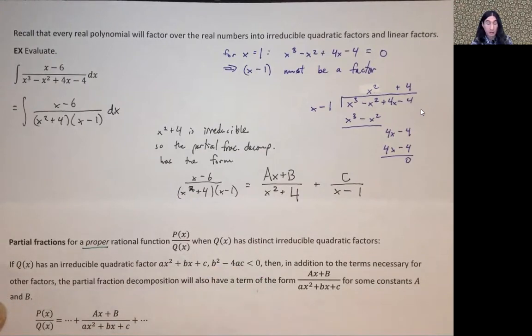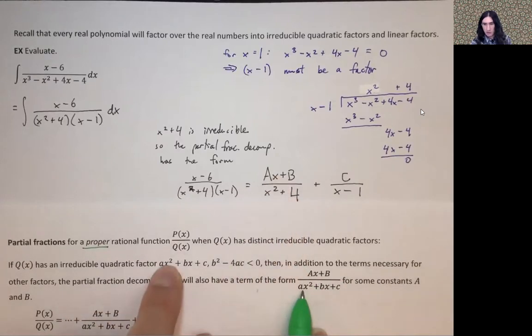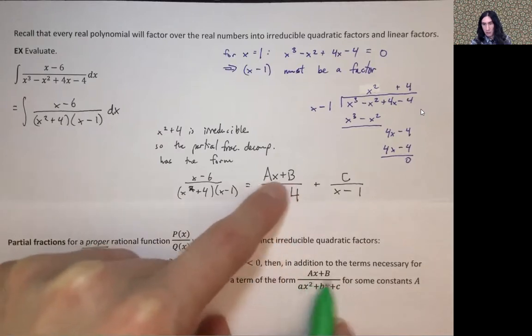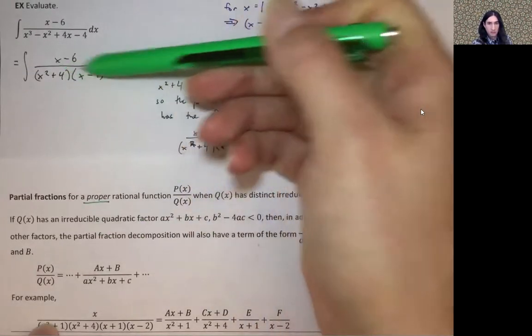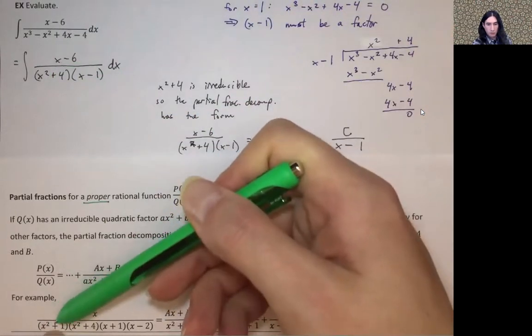All this part is saying is if our denominator is irreducible, which means b squared minus 4ac is negative, then your partial fraction decomposition will have a term of the form exactly what I wrote there. Take your irreducible, put it in the denominator, and in the numerator, we put an unknown sort of linear term. Okay, so for example, if we had something much larger than this, here's an irreducible quadratic, x squared plus 1.